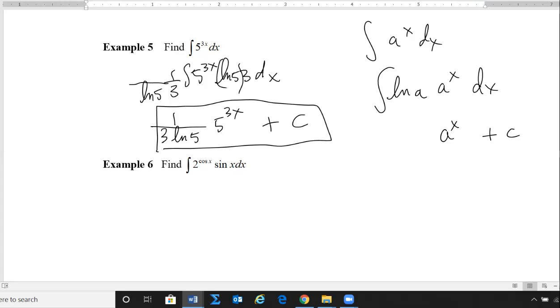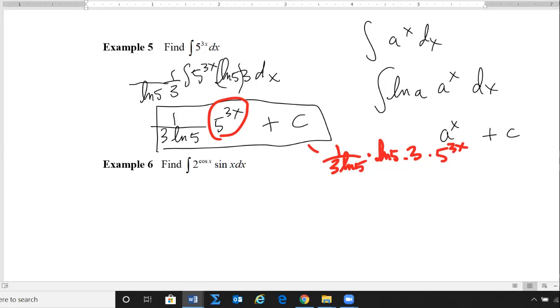So if you do a quick differentiation, you'll have 1/3 natural log of 5 times, now we want the derivative of this, which is going to be natural log of 5, then times a 3, because the 3x needs a derivative, and then times 5 to the 3x. And then notice that these constants will cancel.